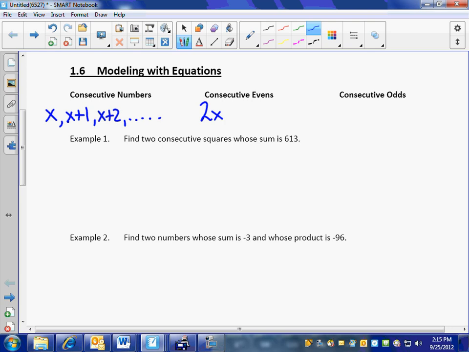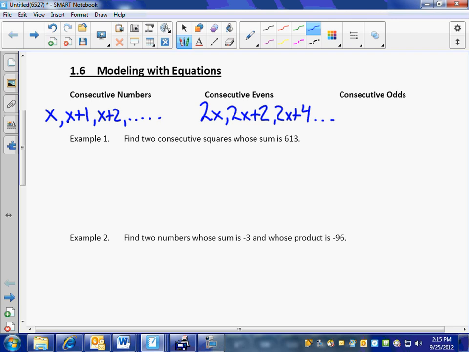Any integer you choose for x, if you multiply by 2, you will get an even number, I promise. What will be the next even number after that? Plus 2. 2x plus 4.